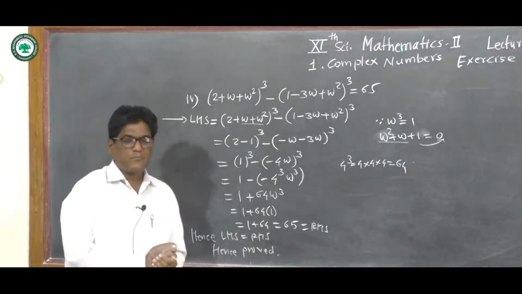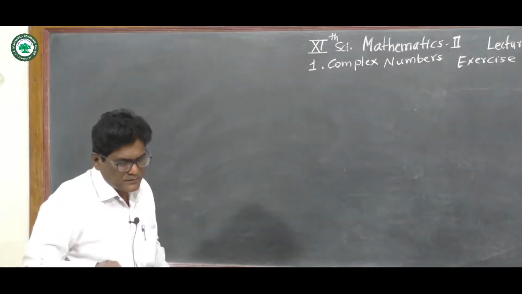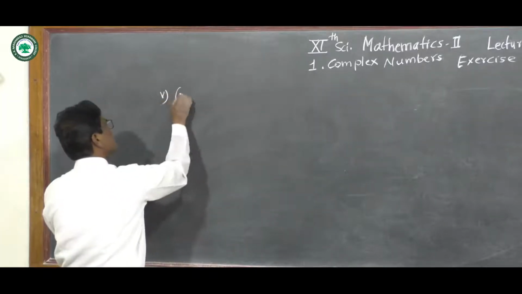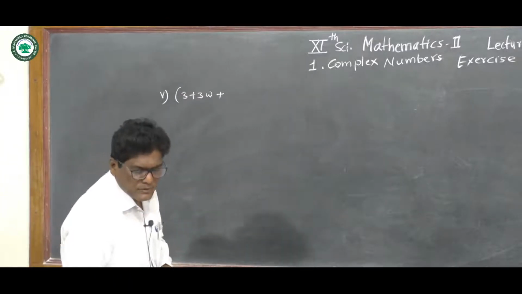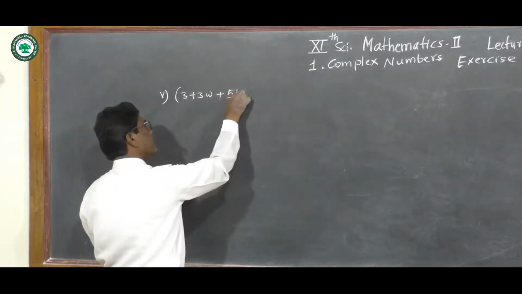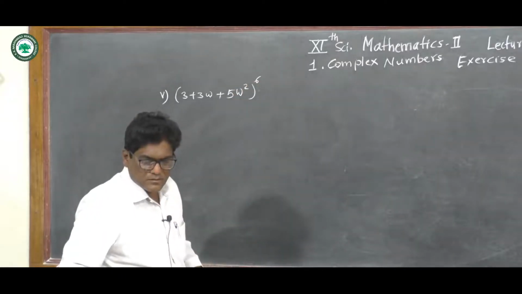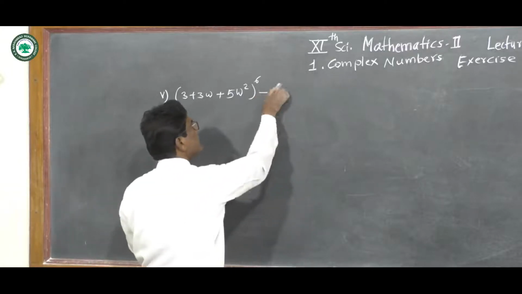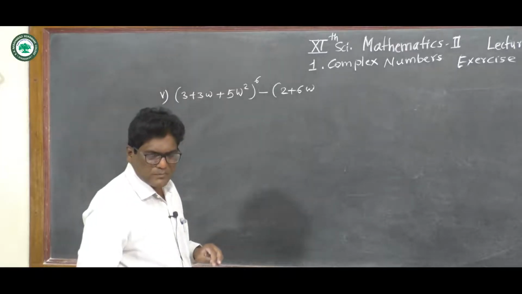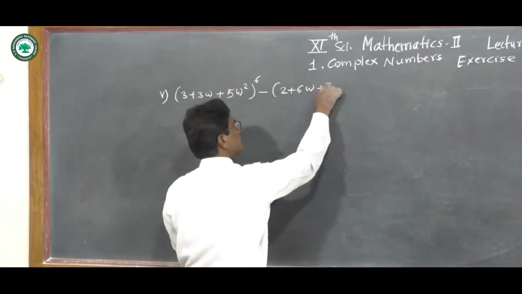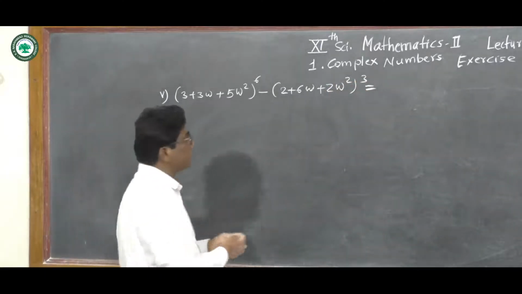Now we see the next problem, that is the fifth problem. Here 3 plus 3 omega plus 5 omega square to the power 6 minus 2 plus 6 omega plus 2 omega square to the power 3, and we have to show the right hand side as 0.